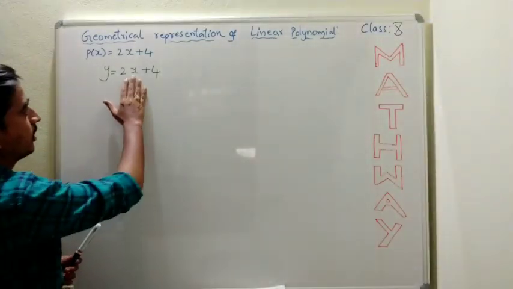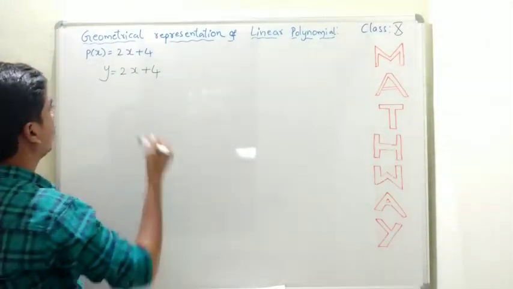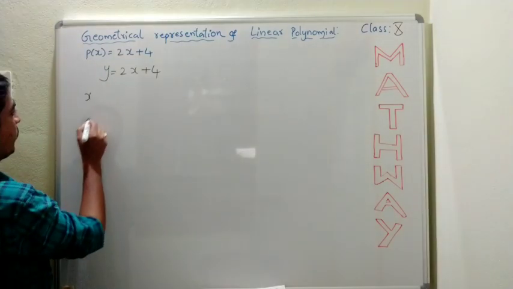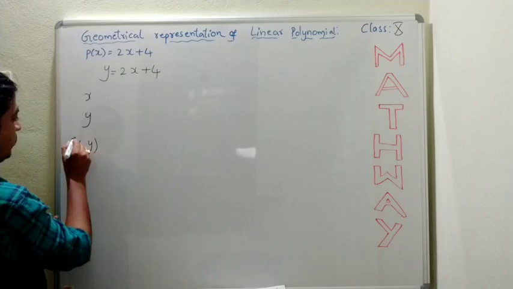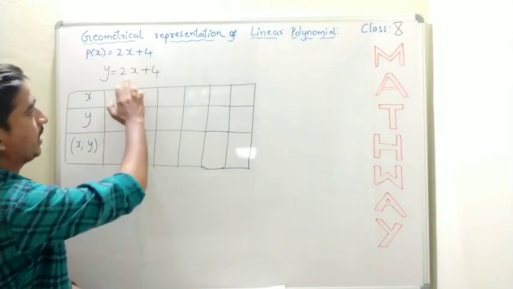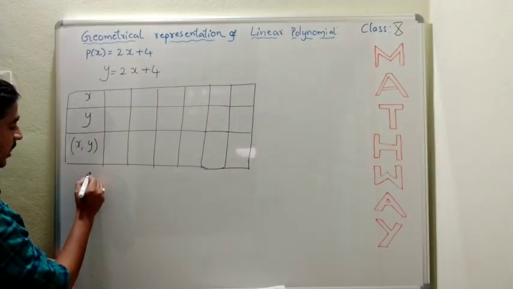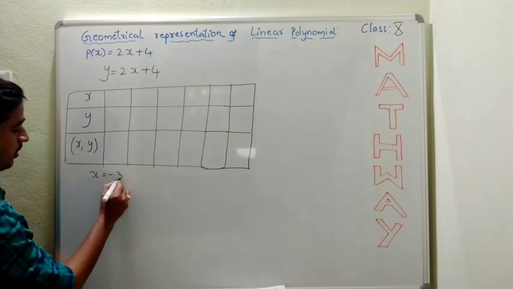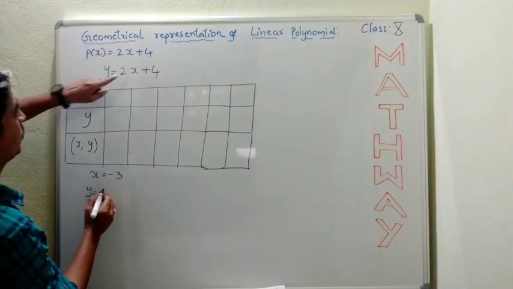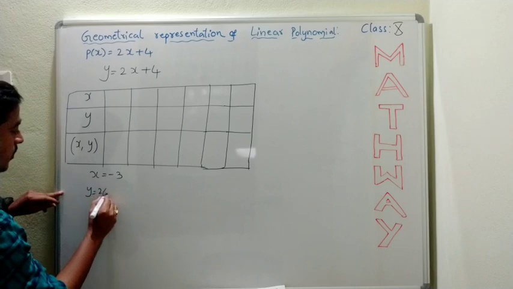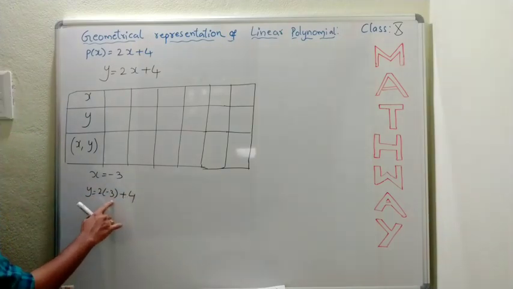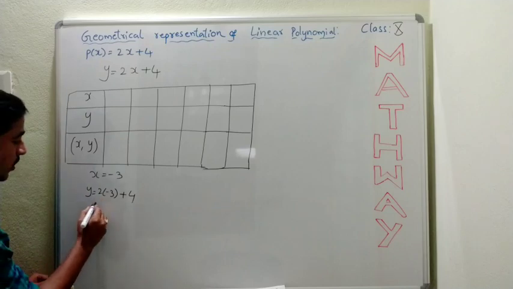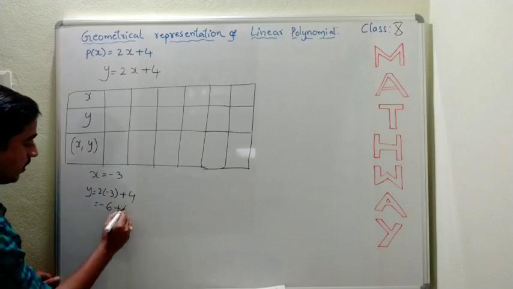First I am taking some values of x, y and x comma y. These are the coordinates. Now take the x value as minus 3. If x equals minus 3, then y equals 2 into minus 3 plus 4. 2 threes are 6, and the minus sign is there, so it is minus 6 plus 4.